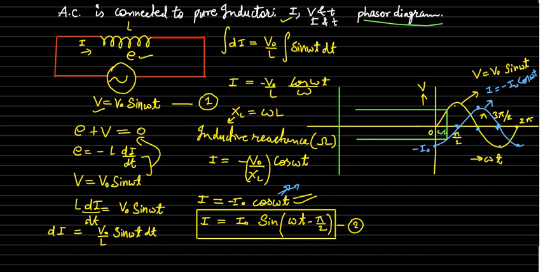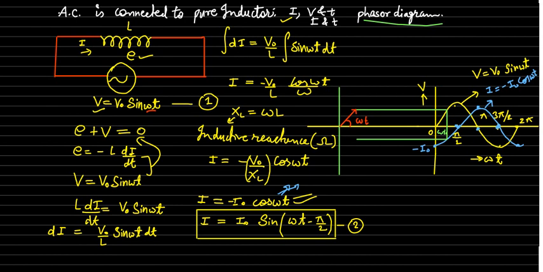First of all, voltage. Over here voltage will make an angle of omega t. As you can see, initially it is sin omega t, so the angle made by the voltage from the x-axis is omega t. Okay, this is for voltage.